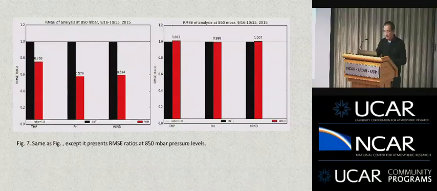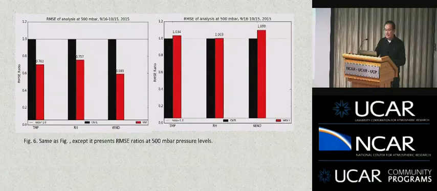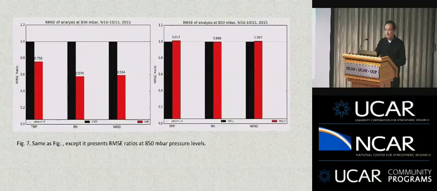But on your right-hand side, this shows the RMSE ratio of experiment 2. That is, we only assimilated the VIIRS wind data. As you can see, at the 3 pressure levels, 300, 500, 850, and the 3 variables, they're very close to 1.